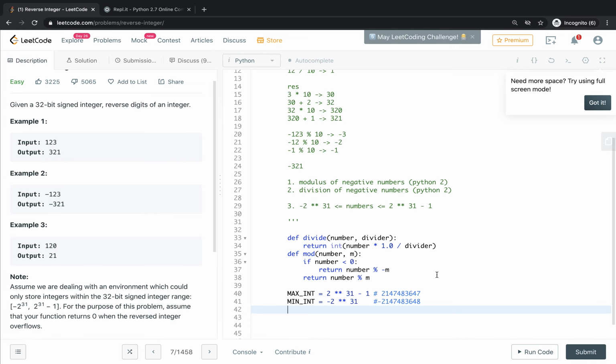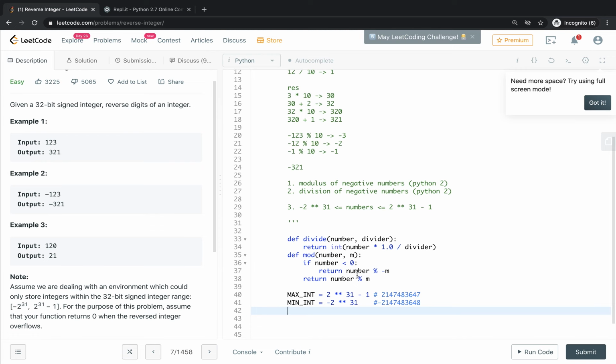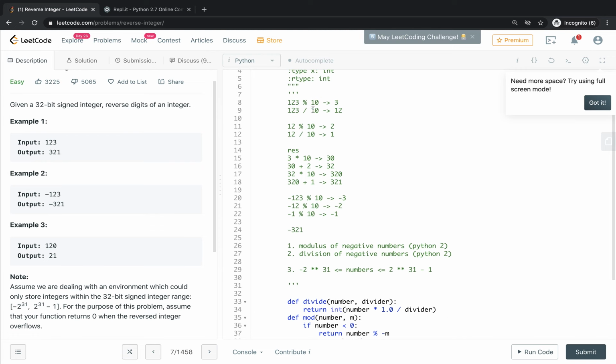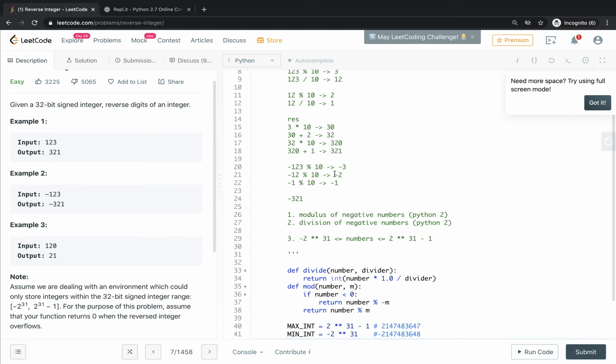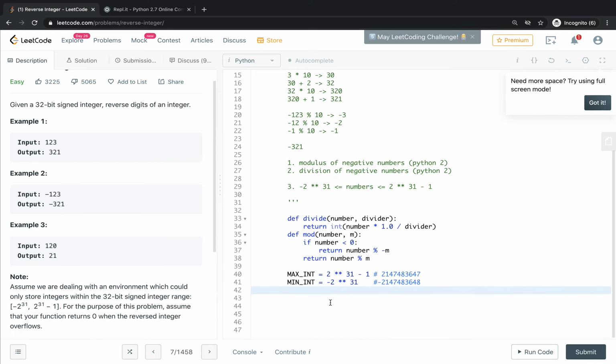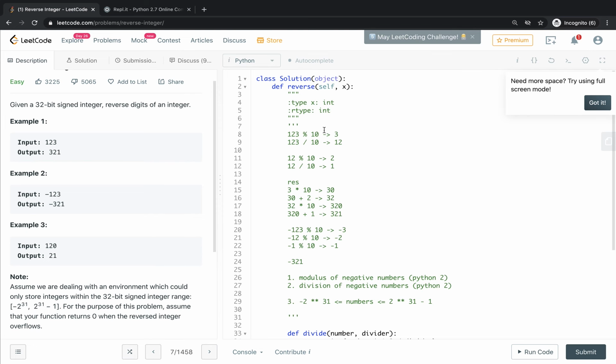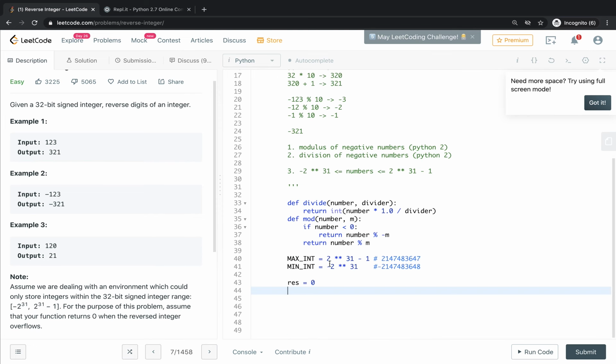All right, so now we've gotten all this stuff out of the way. Let's go ahead and code up the algorithm that we described up here. We're going to have some result, res, equal to 0. And we are coming in with our input x.